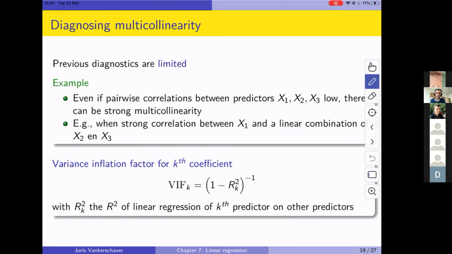And so what we can look at as a quantitative measure to detect this outsized influence is the so-called variance inflation factor, or VIF. And how do we define it?